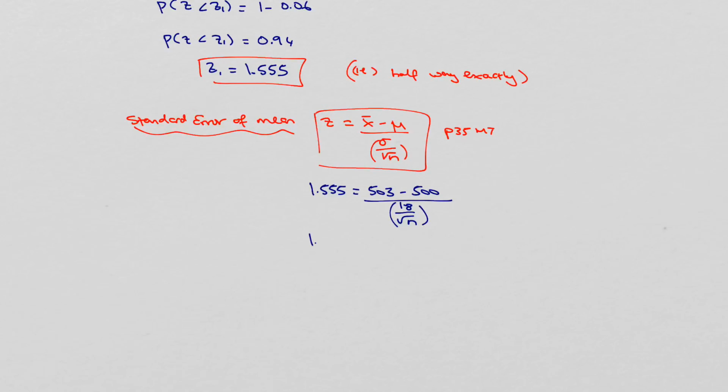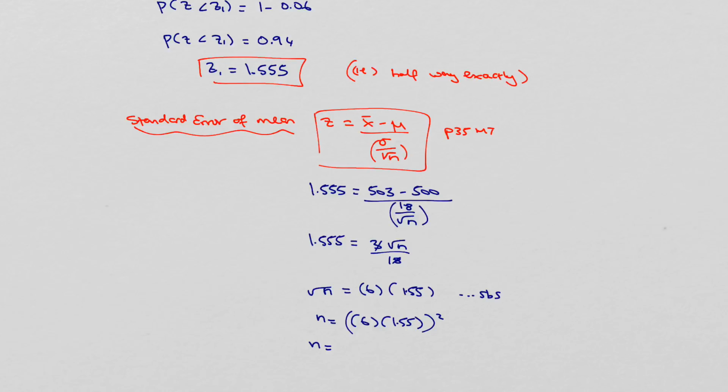So if I turn that upside down and multiply, that's going to be 3 times root n over 18. And of course, if I cross multiply, 3 goes into 18 6 times. So we have root n is equal to 6 times 1.555. And again, we want to square both sides to get n on its own. And that gives me n is equal to 87.0489, which is basically 87.